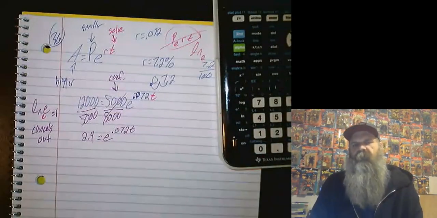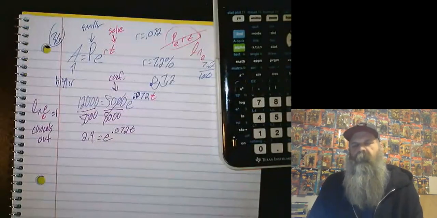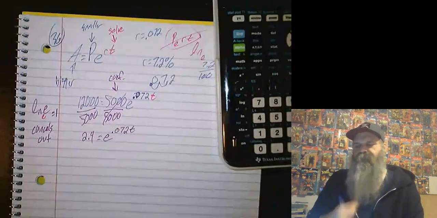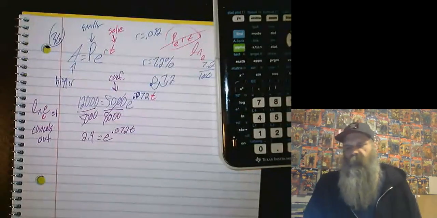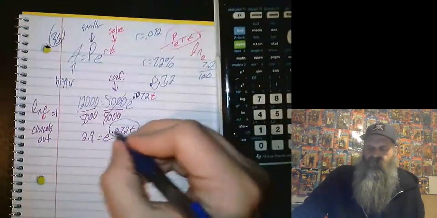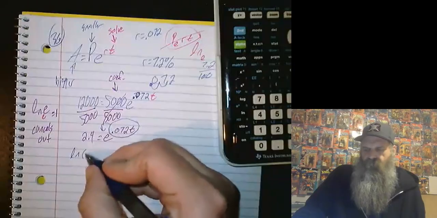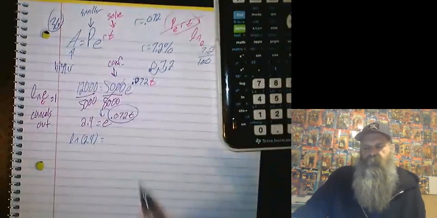It's now time to take the log of both sides. In this case, the natural log because of E. And in class, I talked a lot about expanding and condensing our logarithms. And as we do so, the exponent becomes a coefficient. So we take the natural log of 2.4, which is a value we would have to put in the calculator.